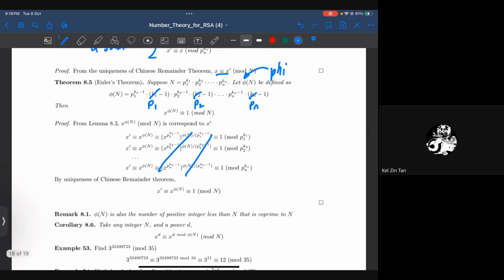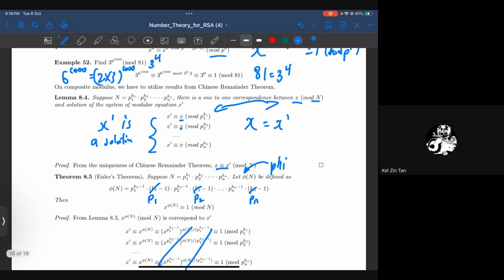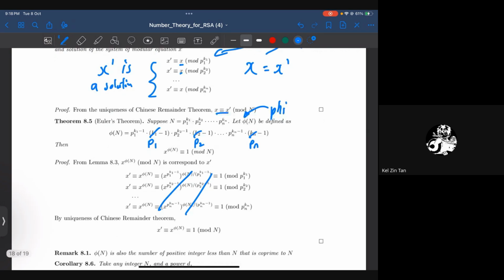Okay, so let's look at the proof. Because there is a one-to-one correspondence between x and the solution of this, we can rewrite this in terms of the solution of x prime to this equation. So what is x to the phi n modulo p1 to the k1?